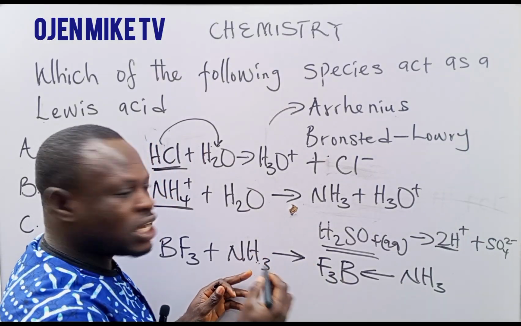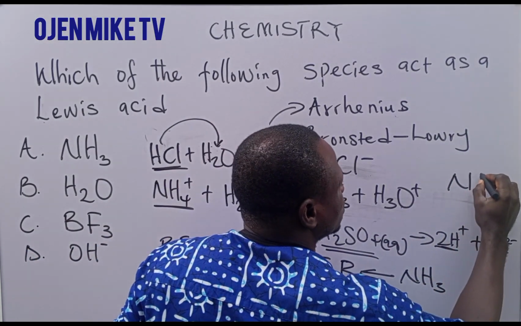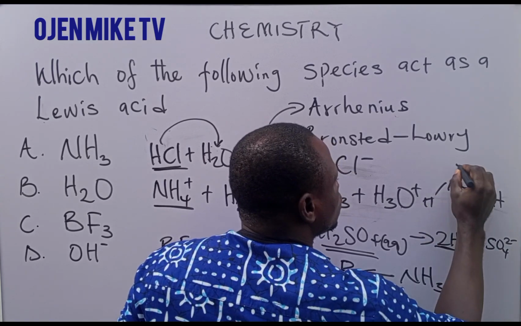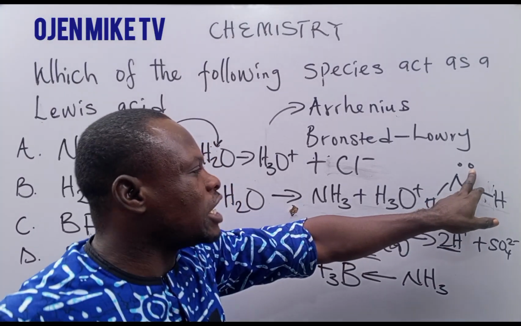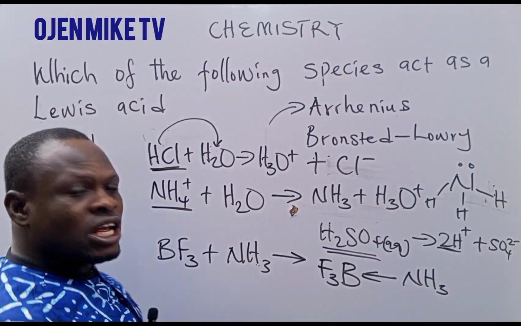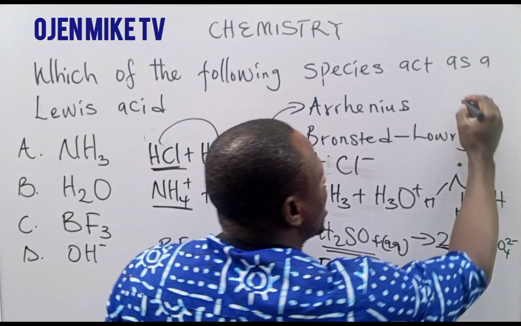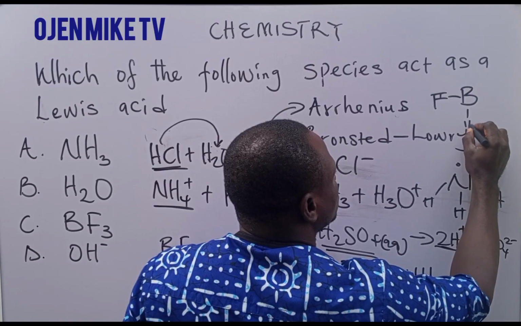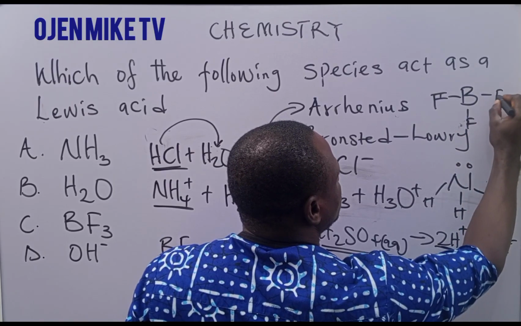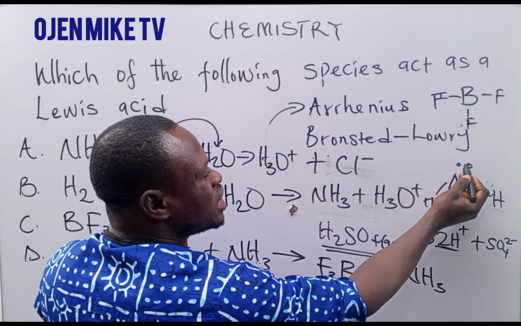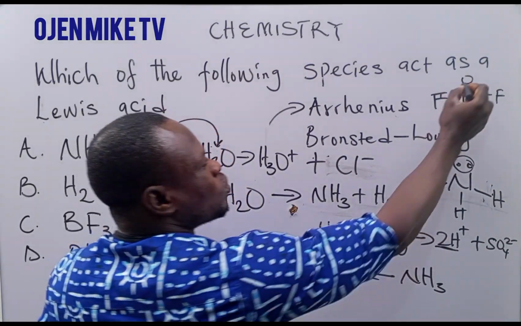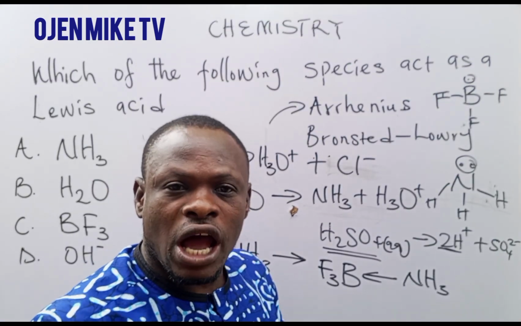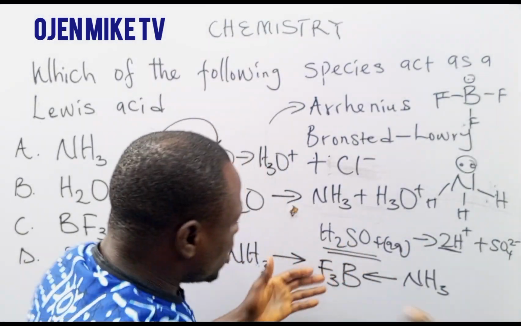Ammonia has a pair of electrons, look at the structure of ammonia. Boron trifluoride, on the other hand, needs a pair of electrons. So ammonia will donate this pair of electrons to boron, and the two form a coordinate dative bond. Do you understand?